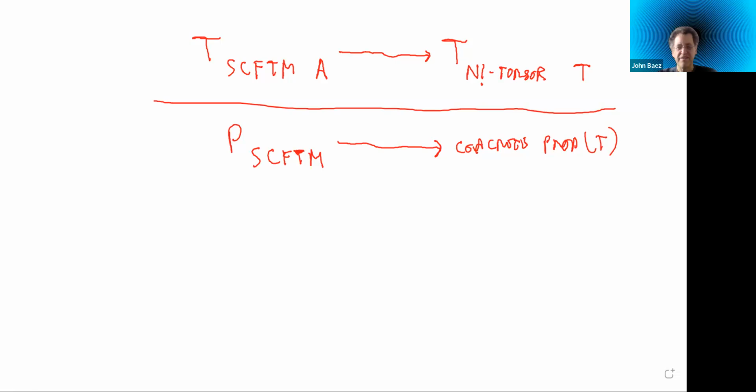Yes. The main thing you need to do is check that T on the right-hand side, in the concrete prop, is the special commutative Frobenius monoid. Yes, but I already did at least claim that out loud.